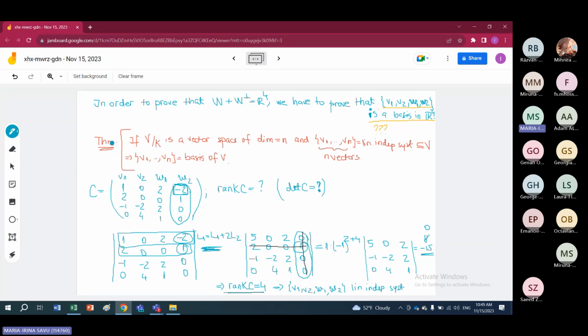Use this theorem and the fact that you have 4 vectors and that the dimension of this space is 4, so this set is actually a basis for R4.